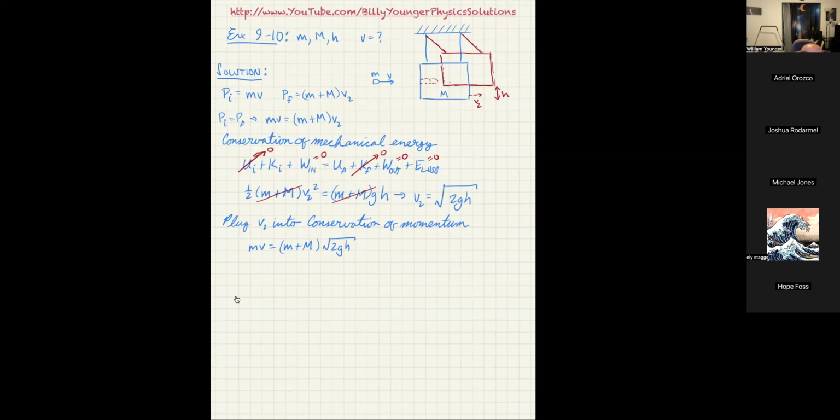So I put that there, and now I'm in the position where I can ultimately just solve for v. And when I do, that would give me essentially what we'd call the muzzle velocity of the gun or whatever object shot the projectile. And the result is (m plus M) over little m times the square root of 2gh.